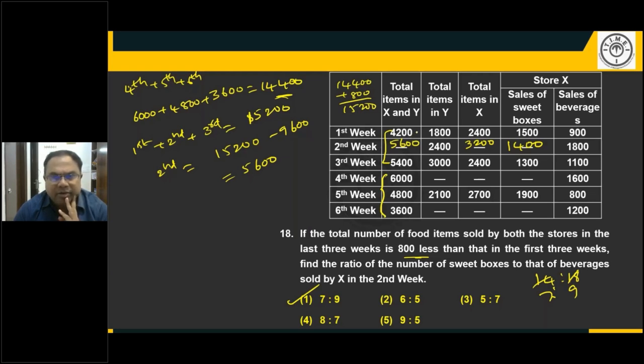First, second, and third: we know first and third is 9,600. Remove that, second week is 5,600. 2,400 is Y, X will be 3,200. 1,800 are beverages. Remove that, 1,400 are sweets. Ratio of sweet to beverage is 14 to 18, 7 to 9. Clear, Praful? Not Praful, Suyog.